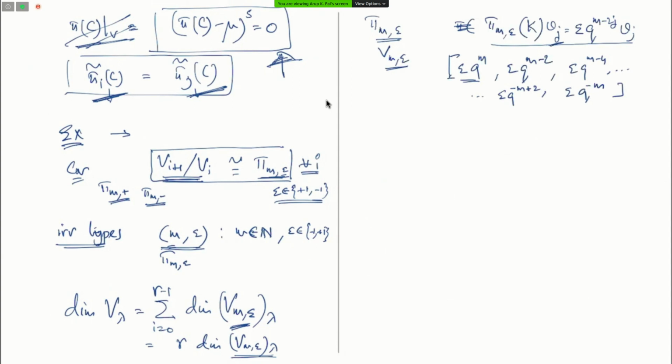Okay, so now if you take lambda to be epsilon q^m, this one, then what do you get? Then you get the dimension of V_{m,ε,λ} equal to 1.